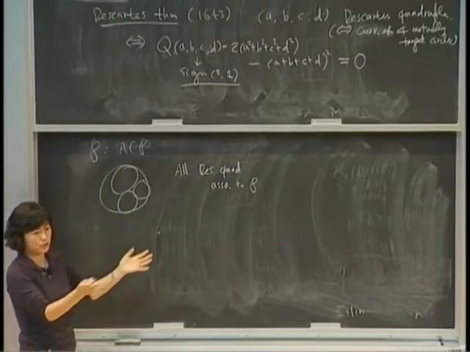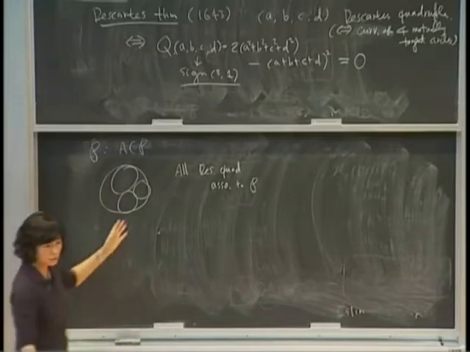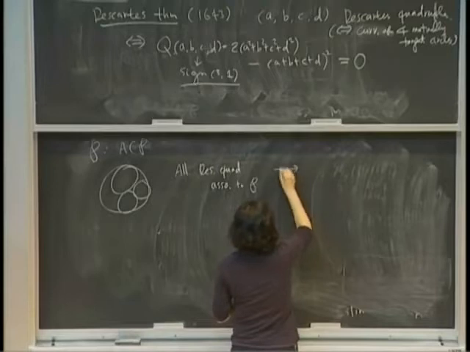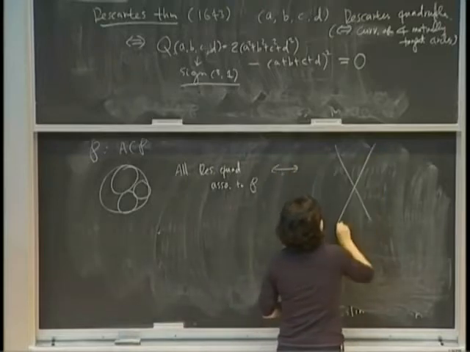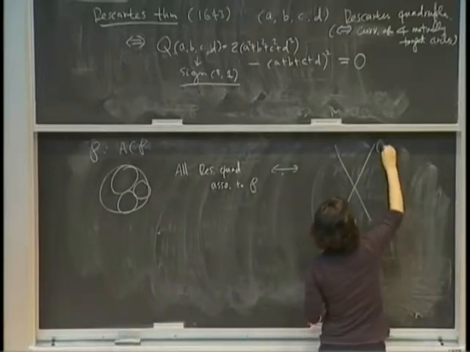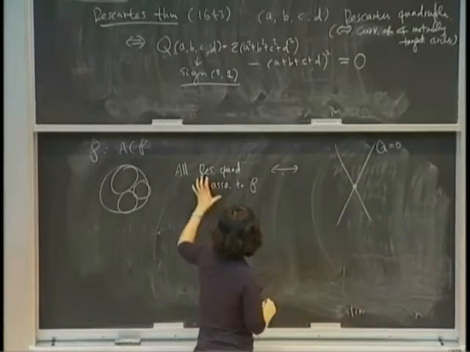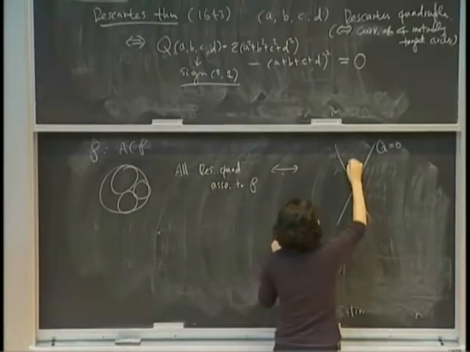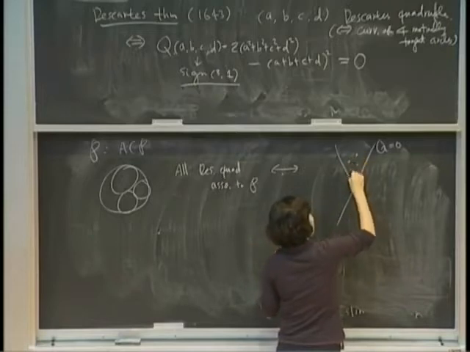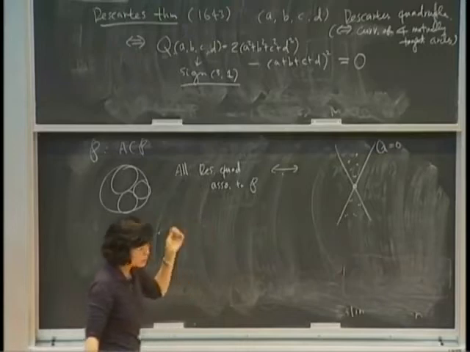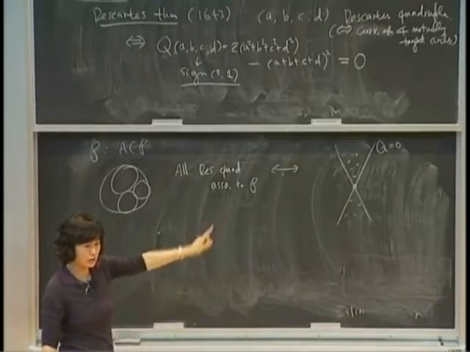We get a bunch of vectors in R4, and by Descartes theorem, that gives us points in the cone, Q equal to 0. For every Descartes quadruple, we get one point in the cone.